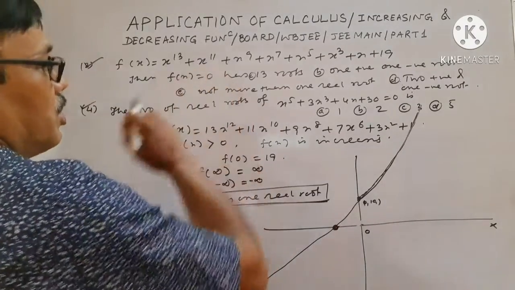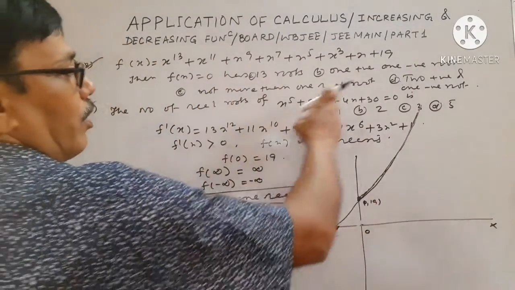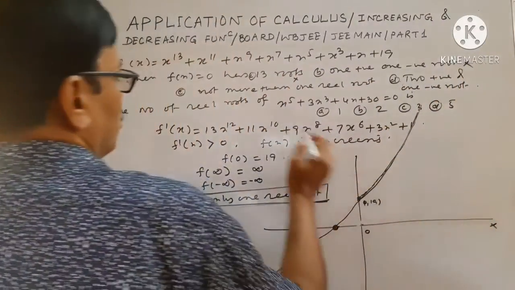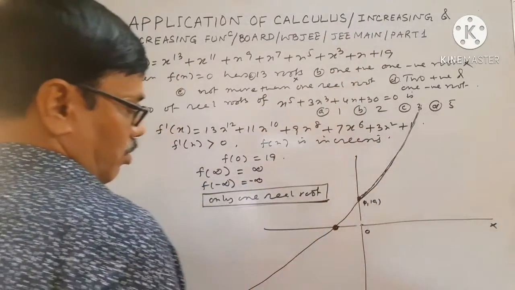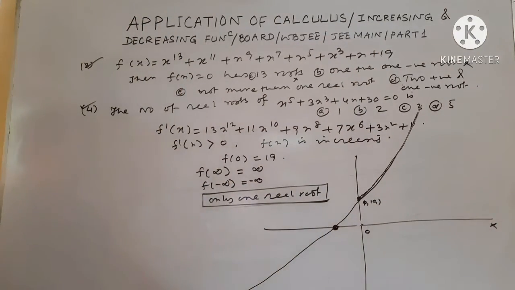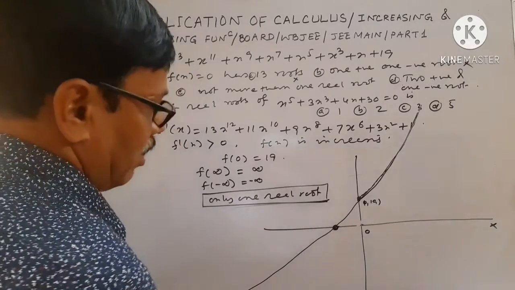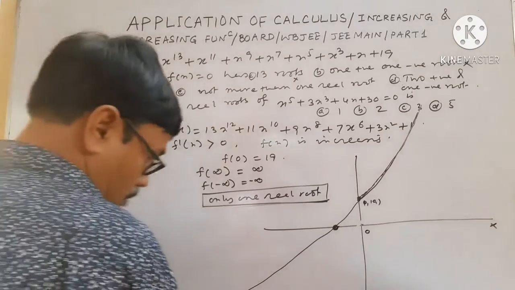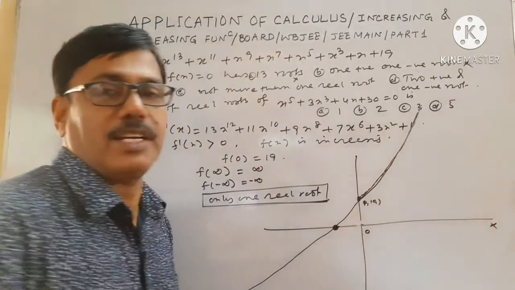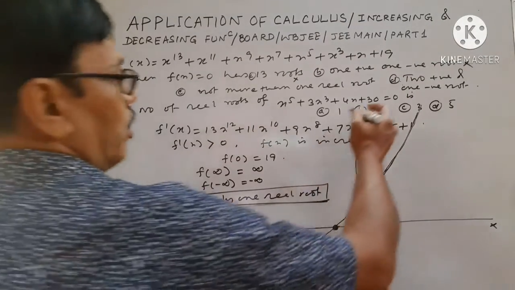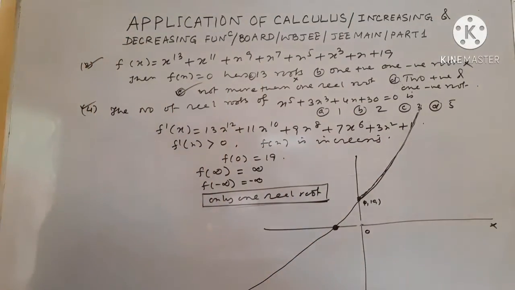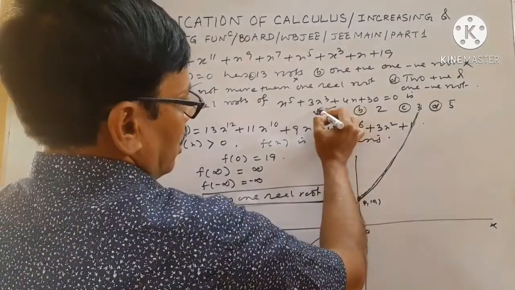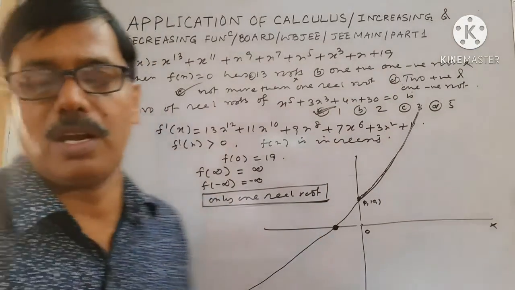So f(x) equals 0 has 13 roots, this is wrong. 1 positive, 1 negative, this is also not more than 1 real root. Here only 1 real root. It will be the answer because f(minus infinity) is minus infinity here, so it must cut the x-axis at a point. So C will be the possible answer. So problem number 4 is exactly the same, look, odd powers. So A will be the possible answer.